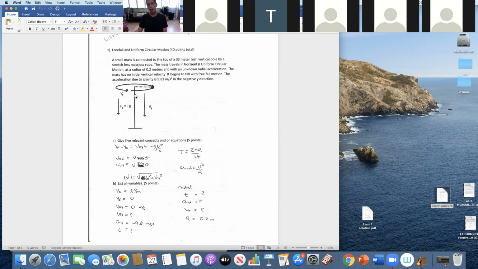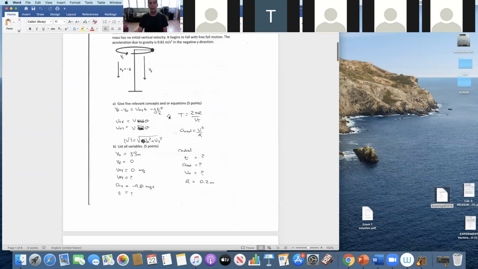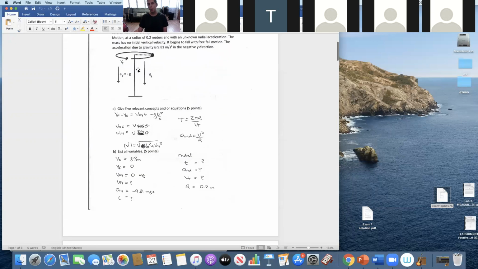So it's at a height of 33 meters. It's traveling in uniform circular motion horizontally with this radius and unknown radial acceleration. Vy initially is 0, and it falls in free fall. So this problem is actually a really easy free fall problem of dropping something.